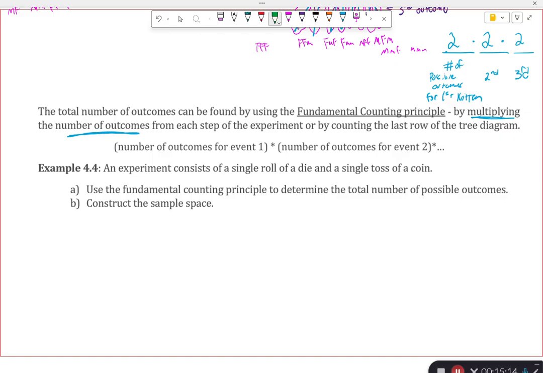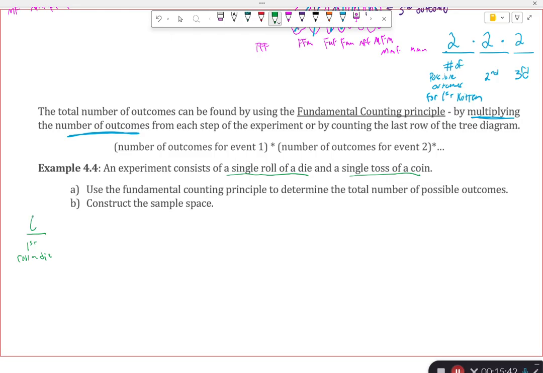So example 4.4 says, an experiment consists of a single roll of a die and a single toss of a coin. So maybe we're playing a board game, and we roll a die and we toss a coin, and we look at the outcomes for those. Using the fundamental counting principle, determine the total number of possible outcomes. Well, the first thing we would do is roll a die. I'm assuming it's a 6-sided die, it doesn't say, so let's just go with 6.